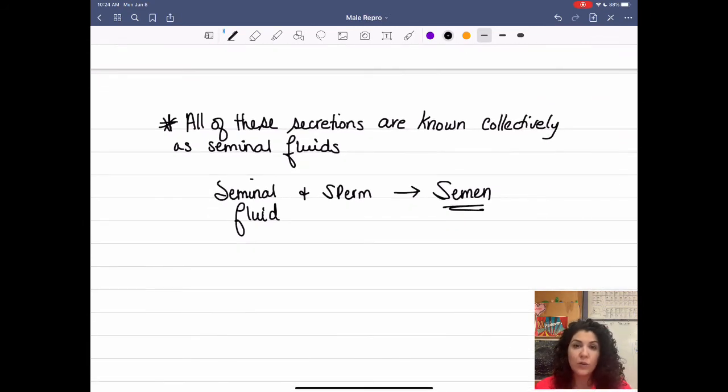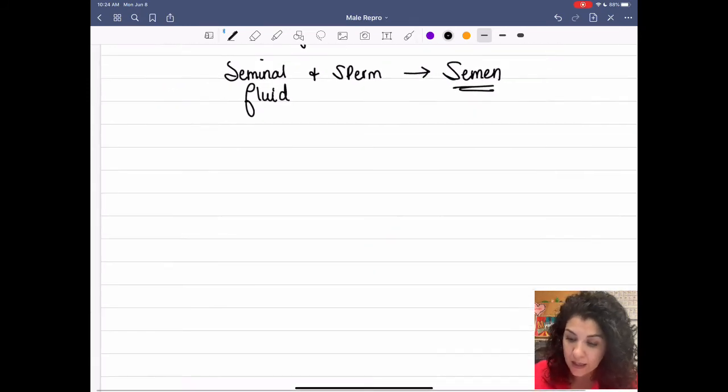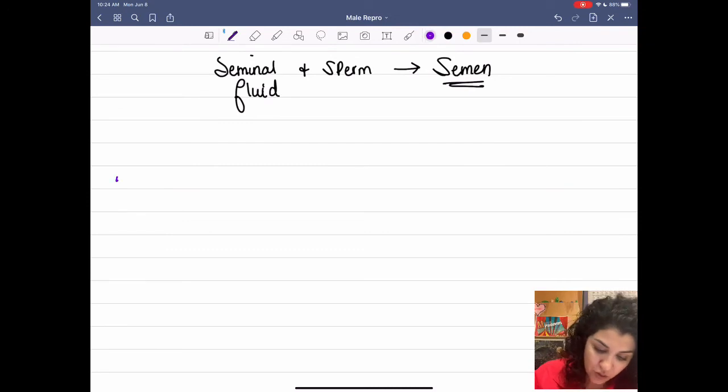So it's not until we actually have the sperm, which is the gamete, which is the seed, that we get semen, okay? So seminal fluid plus sperm is going to be semen. If you don't have sperm because of a vasectomy, you still have the seminal fluids that are going to be ejaculated, okay?